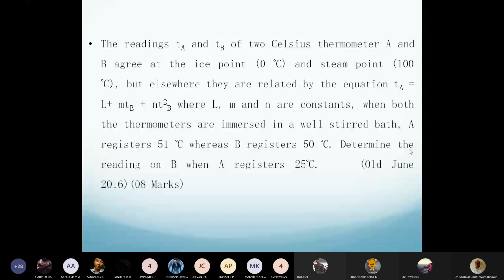That means temperature scale B. There are two temperature thermometers, one A thermometer and the other B thermometer. Determine the reading on B means you have to determine TB. When A registers 25 degrees, TA is given, TA is equal to 25. So when TA is 25, I have to find TB by substituting in this equation. Is that clear to you?